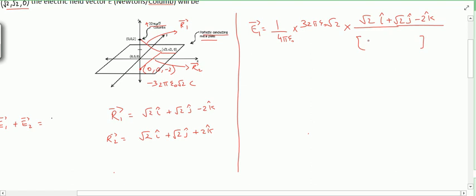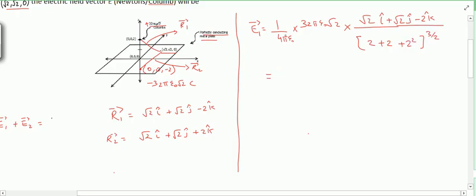So it will be root 2 squared, that is 2, plus root 2 squared again, that is 2, and minus 2 squared, that is 4. So the magnitude is the square root of 8, that is 8 to the power 3 by 2, right?